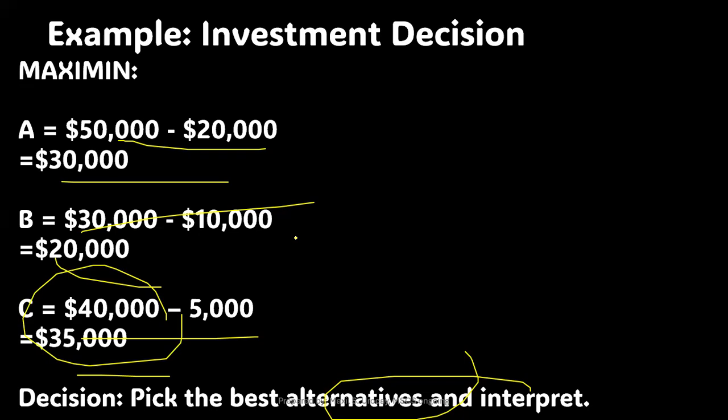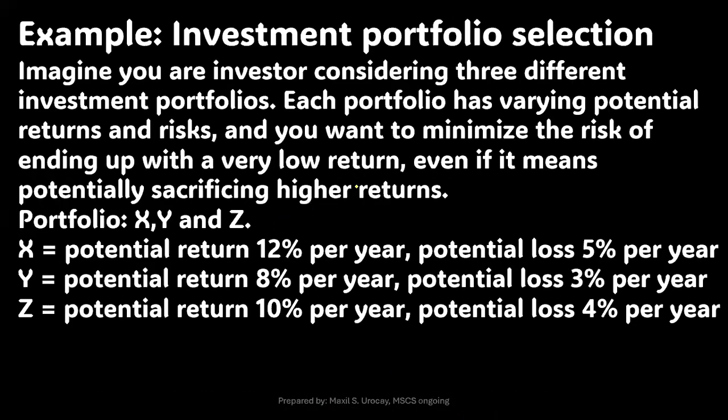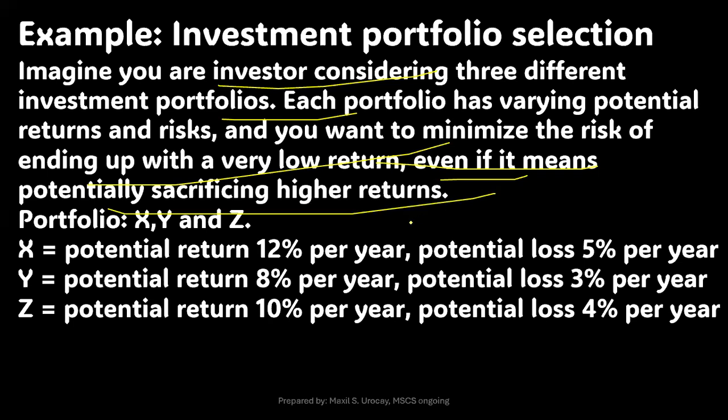return. For this next example, suppose you have an investor considering three different investment portfolios. Each portfolio has varying potential risk as well. And you want to minimize the risk of ending up with a very low return, even if it means potentially sacrificing high return.